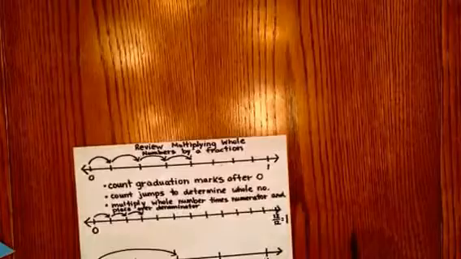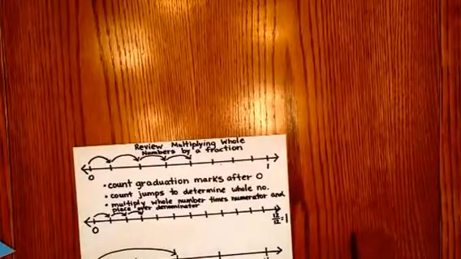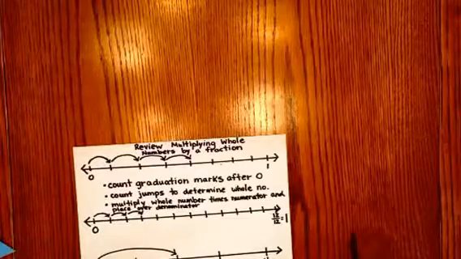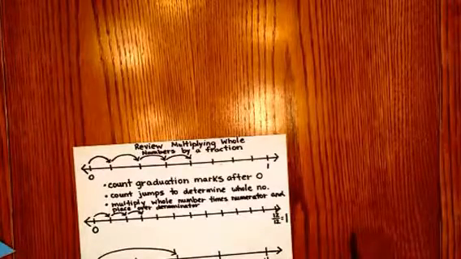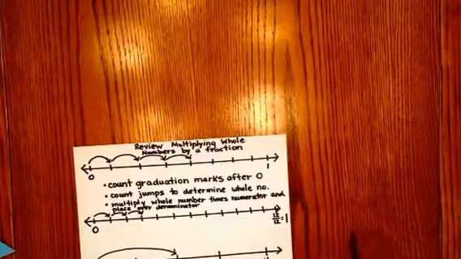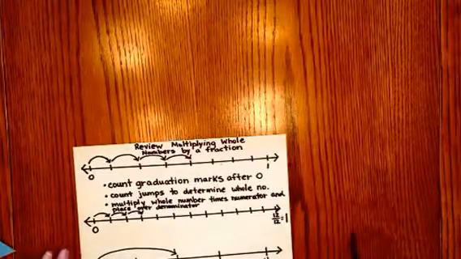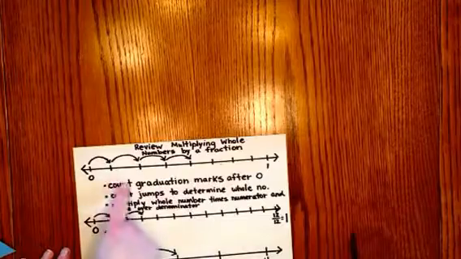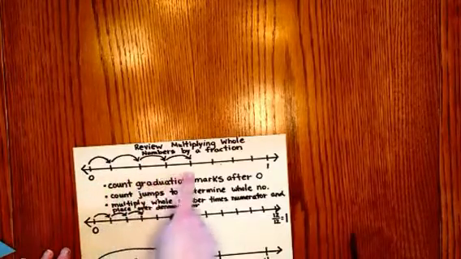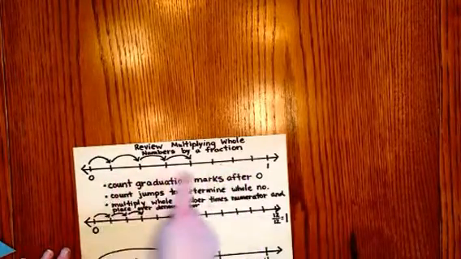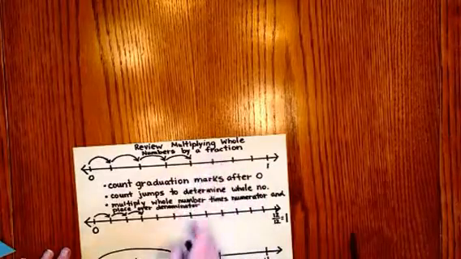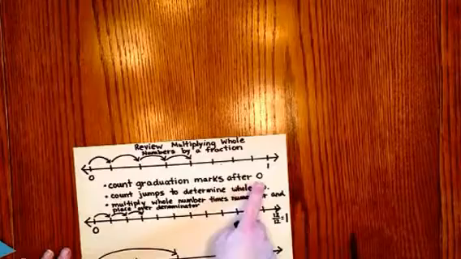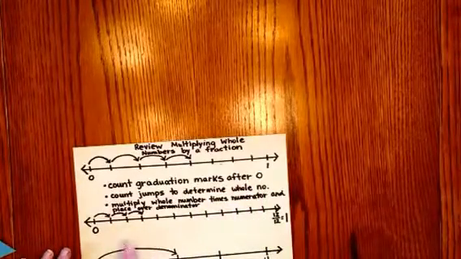The next thing I want to talk about today is I would like to review multiplying whole numbers by a fraction. And I've got some number lines set up here to help you. And I've got some reminders. The first thing, when we have a number line and we don't have any numbers or fractions or decimals under our graduation points, and for this one we're doing fractions, we want to count the graduation marks after 0 so I know what my denominator is going to be.